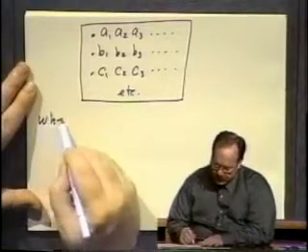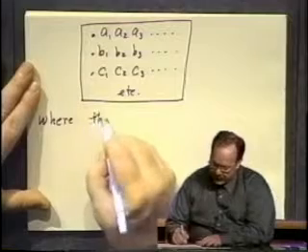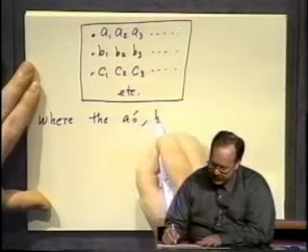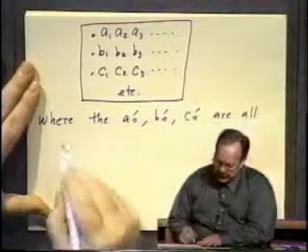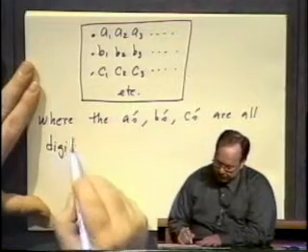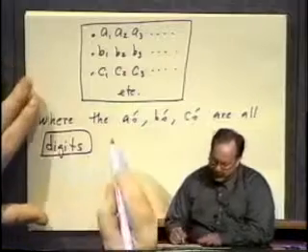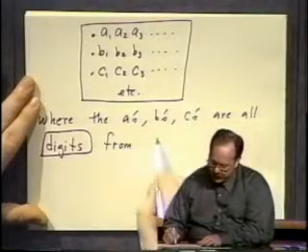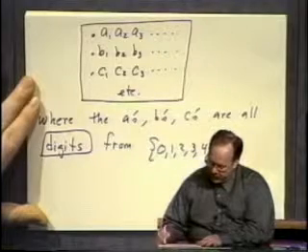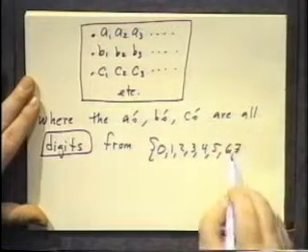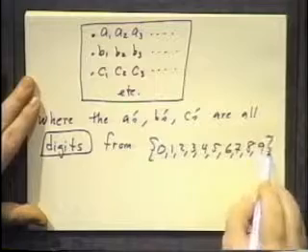Where, just for the record, the A's, B's, and C's are all digits from the set of digits, which is, of course, the set 0, 1, 2, 3, 4, 5, 6, 7, 8, and 9.